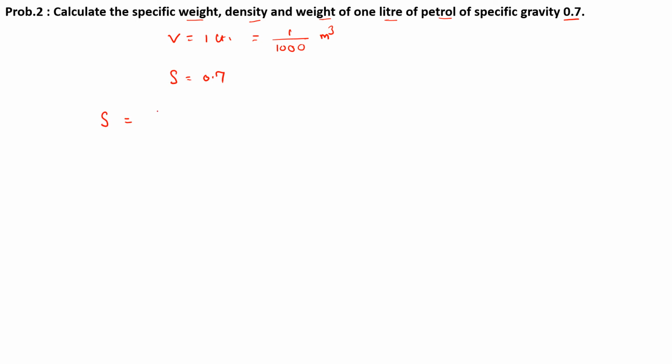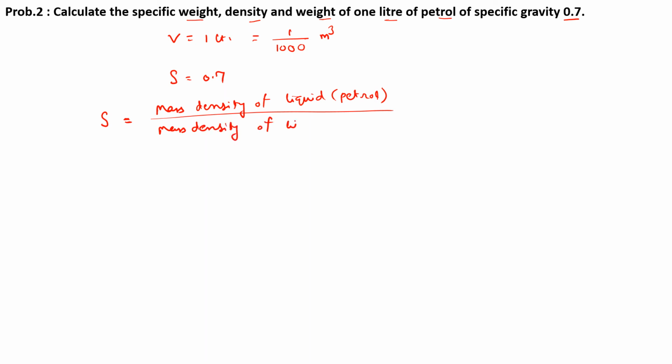Specific gravity is given as mass density of liquid, here the liquid is petrol, with respect to the mass density of water.